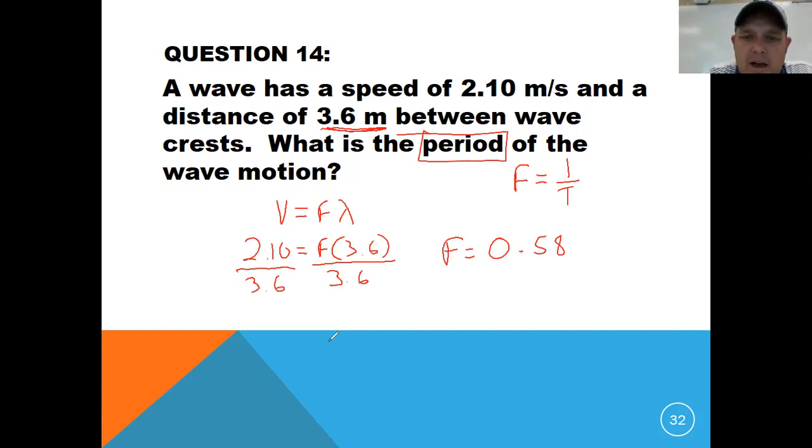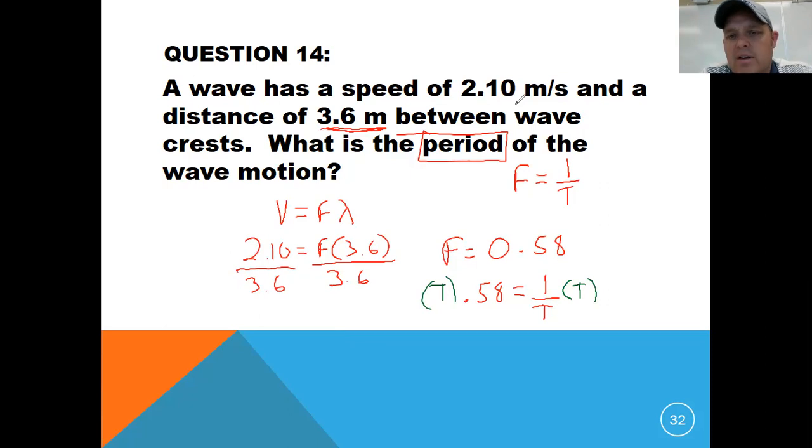So if I do that, I have 0.58 equals 1 over time. I need to get time by itself. So if I multiply both sides by t, I'll change this color. So if you're kind of watching here, you can see that there's a little bit of a difference here, or step, times both sides by t.